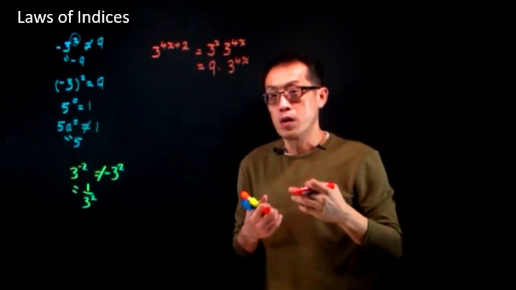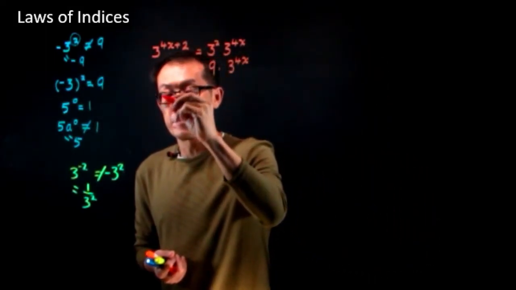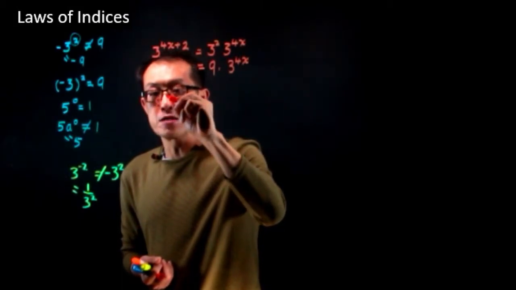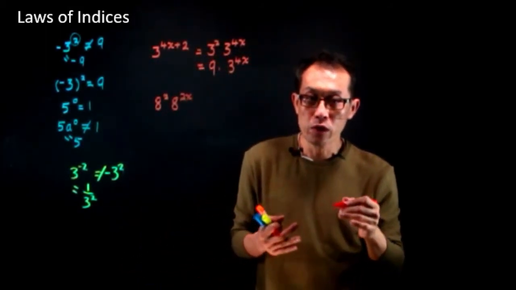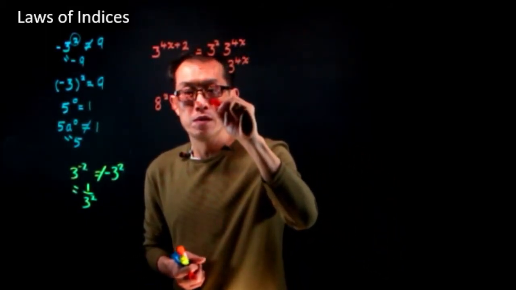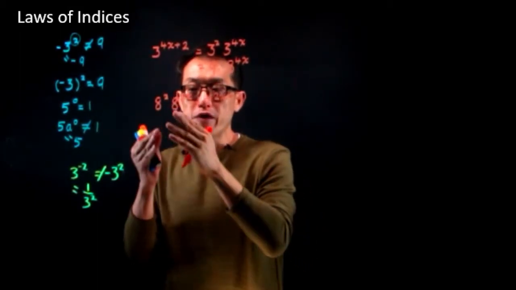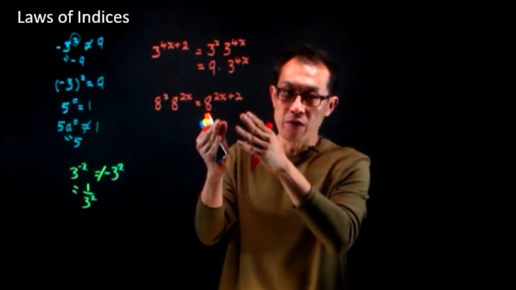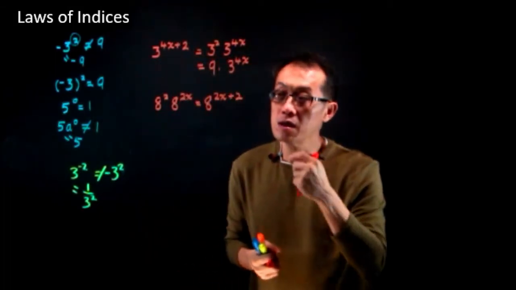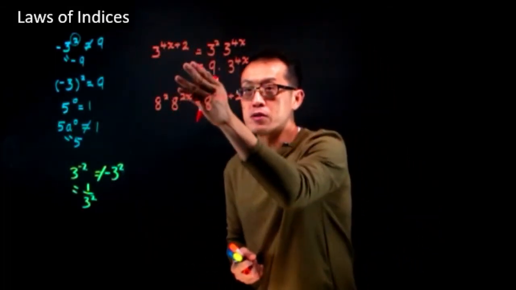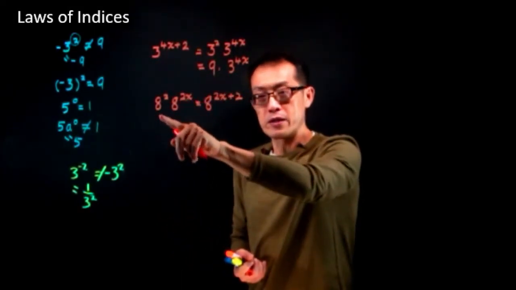Now, why I say this is important is because if I write 8 to the power of 2x plus 2, many of you will know that this is equals to 8 squared times 8 to the power of 2x. You are familiar changing from this form to this form. Now we are working backwards, so you are not familiar with it. So it's important to know both ways, changing from here to here or from the other way back to this form.